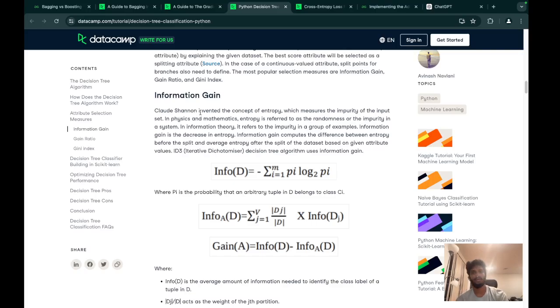Claude Shannon invented the concept of entropy, which means the impurity of the input set. In physics and mathematics, entropy refers to the randomness or the impurity in a system. In information theory, it refers to the impurity of a group of examples. Oh, okay. I never thought of it like that. Information gain is the decrease in entropy. Gain computes the difference between entropy before the split and average entropy of the dataset based on the given attribute values.